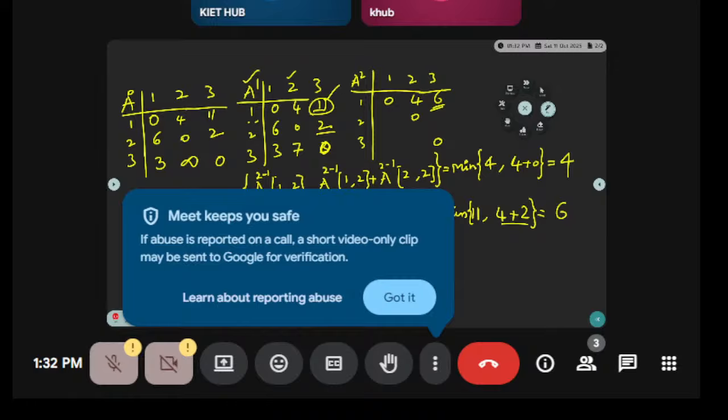Now a power 2 of 2 comma 1. A power 2 minus 1 of 2 comma 1, a power 2 minus 1 of i comma k, k comma j.